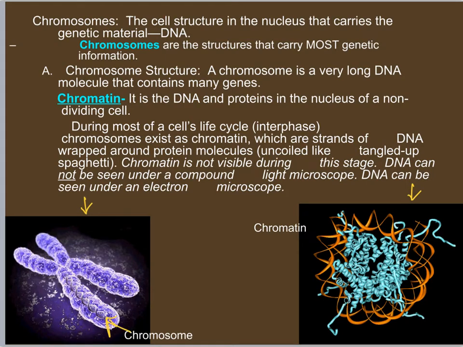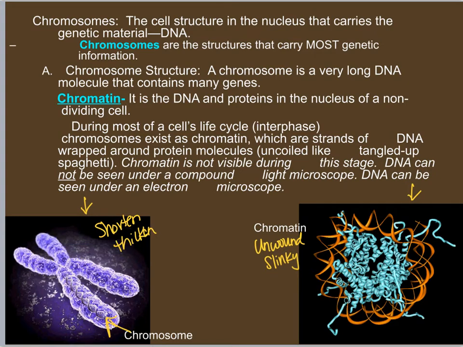So if you think of a slinky, if you pull the slinky out, that's more like chromatin. It's more unwound, like an unwound slinky. But if you push the slinky back in, that's going to shorten and thicken the DNA.